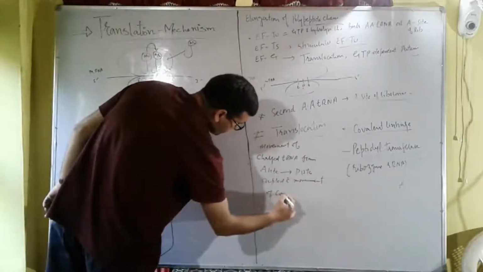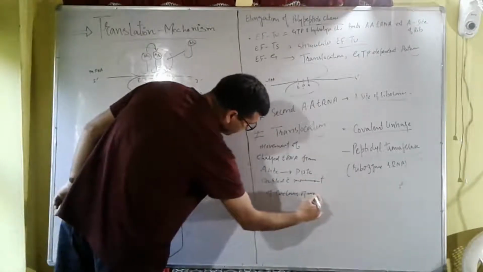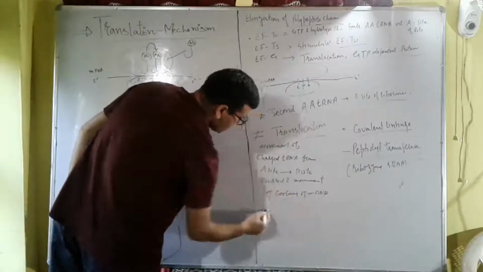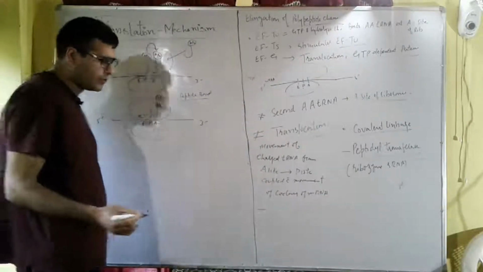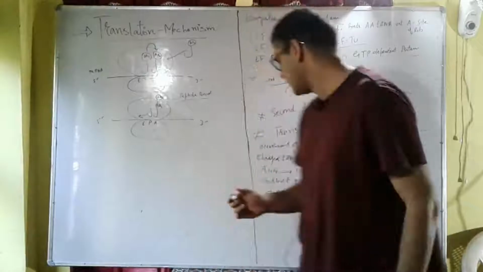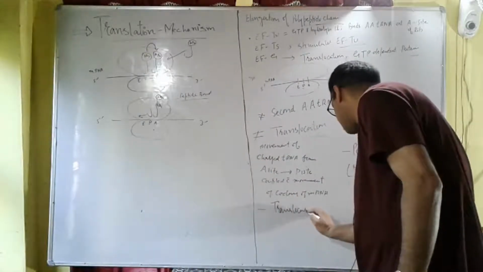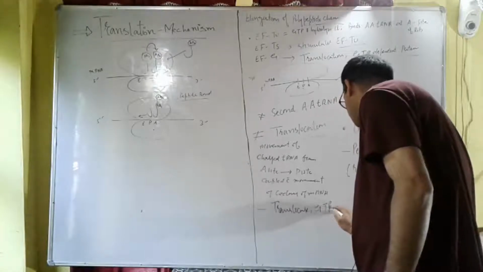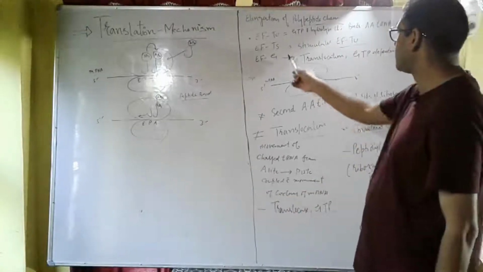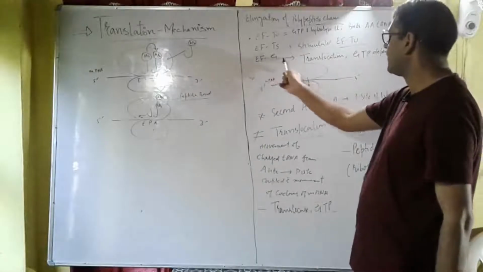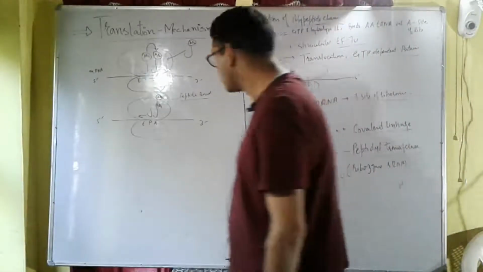This is what is called translocation. And this translocation requires the enzyme translocase and GTP. So elongation factor G also helps in the translocation.